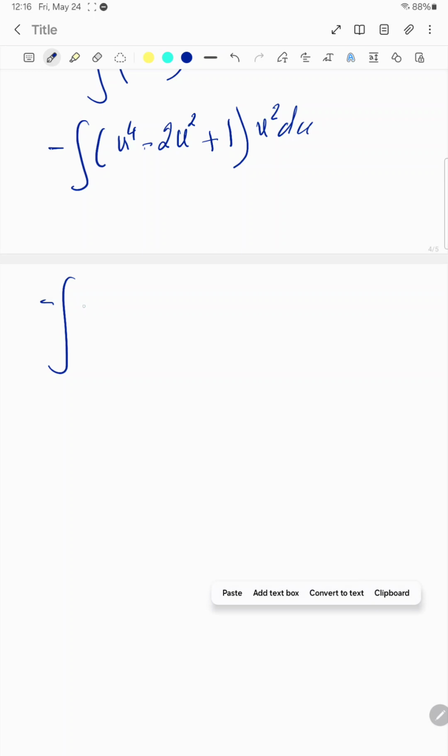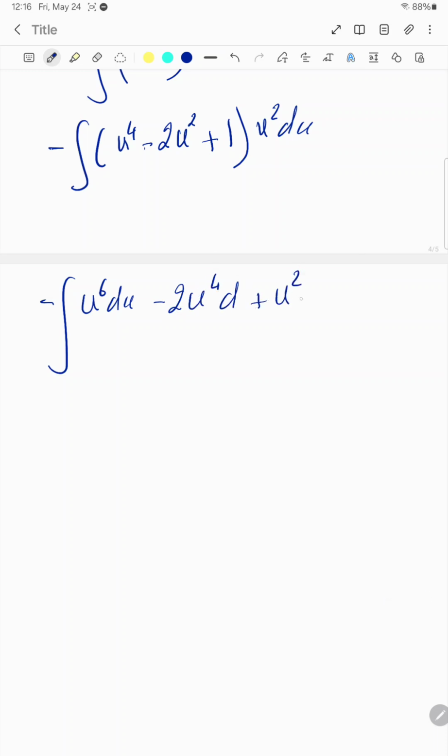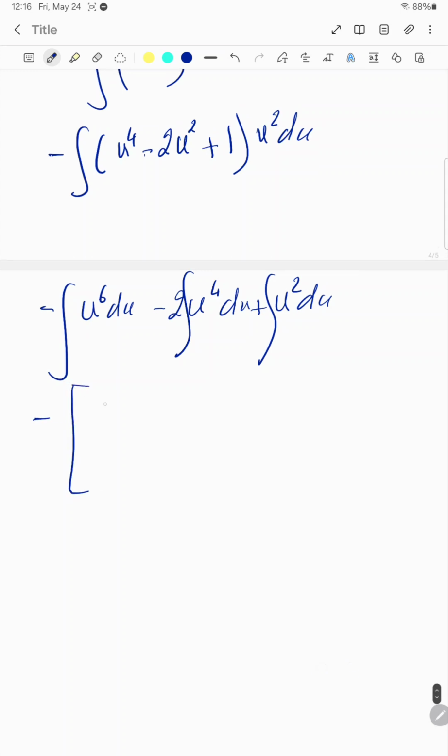It becomes u to the power of 6 du minus 2 u to the power of 4 du plus u to the power of 2 du. Let's put the integrals since I split it. And the integral of, I'll put minus and I open a big parenthesis. Integral of u to the power of 6 is u to the power of 7 divided by 7 minus 2 u to the power of 5 divided by 5 plus u to the power of 3 divided by 3.